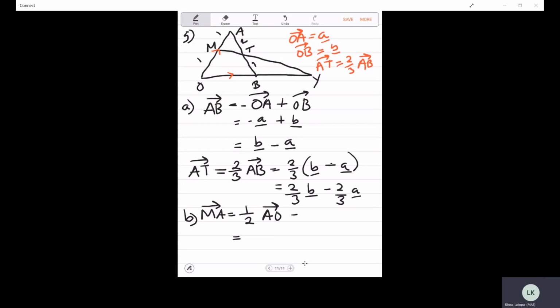And this is half of the negative of OA. So this is negative half OA. We say this is a. So that is what MA is.